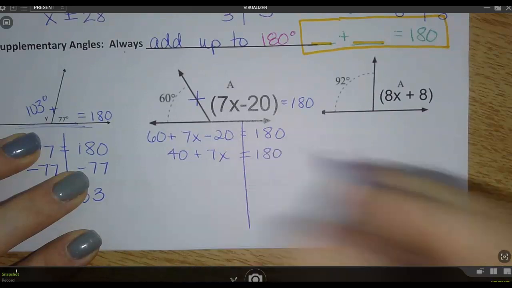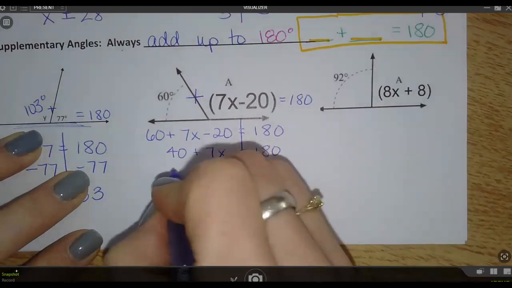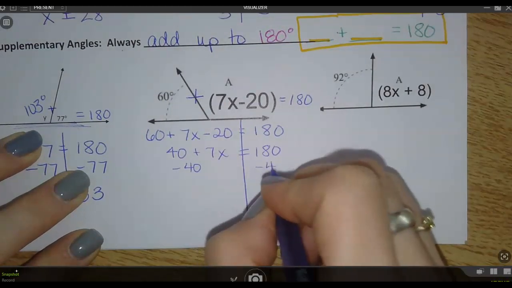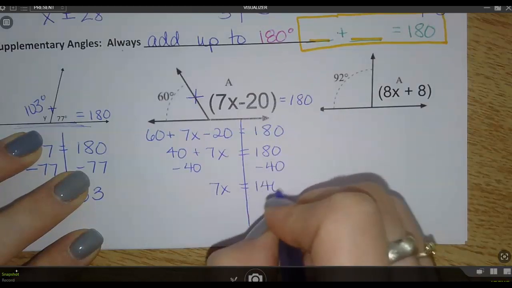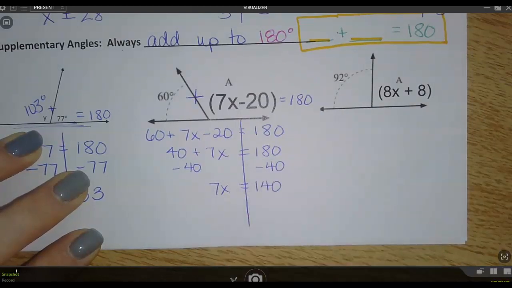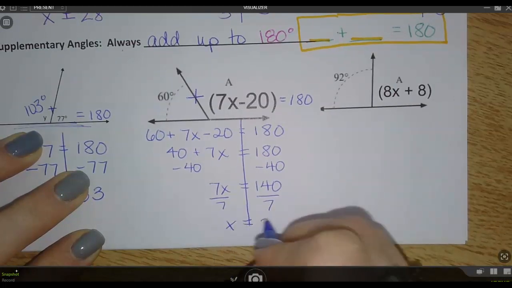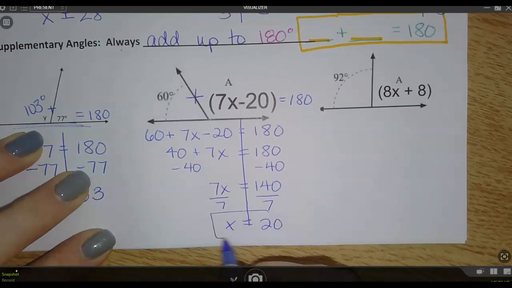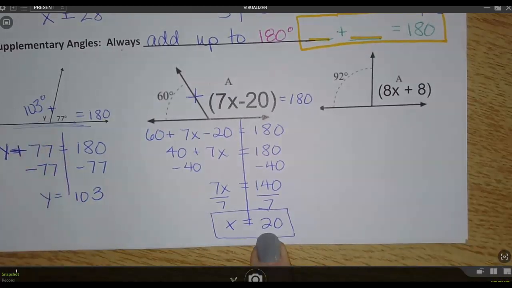So combine any like terms as your first step, and then continue to get x by itself. So minus 40. Then I have 7x equal to 140. And then divide by 7. x equals 20.